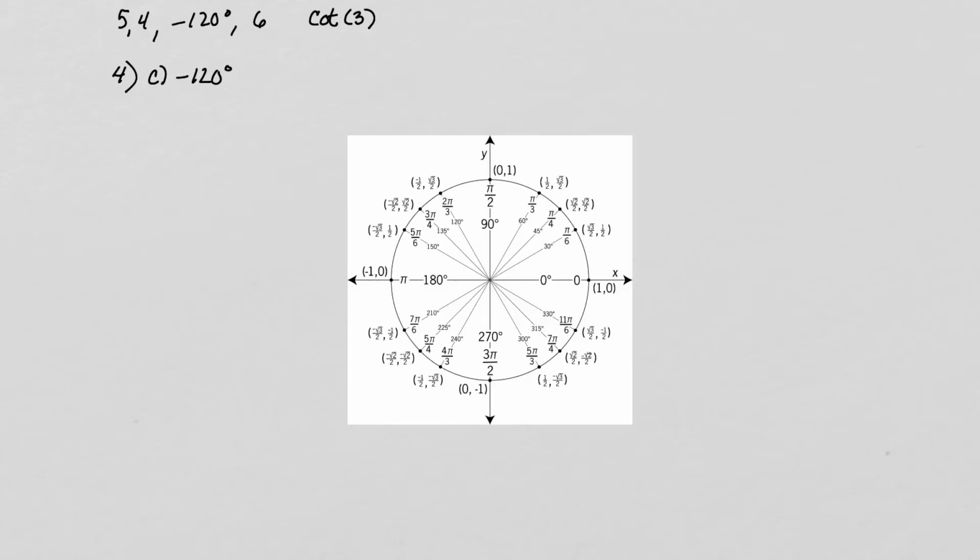Okay, so let's look at 4. All right, so 4 had multiple parts. So obviously somebody definitely wants 4c. So 4c said, find the exact values of the trig functions for the following angle. And so the first one is minus 120 degrees. So I'm going to add in here the picture of the unit circle.